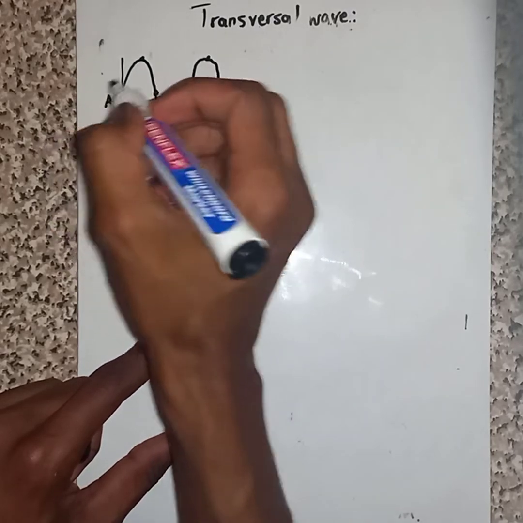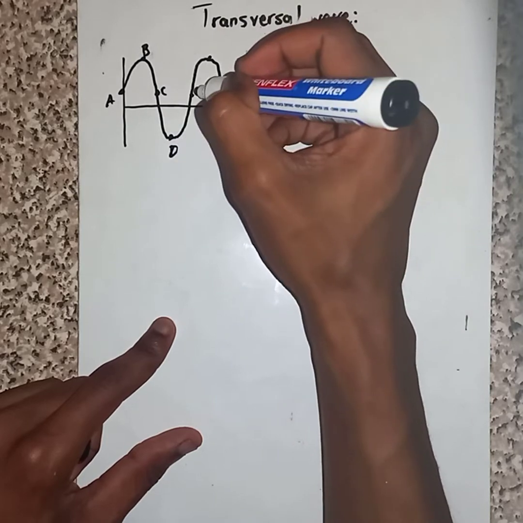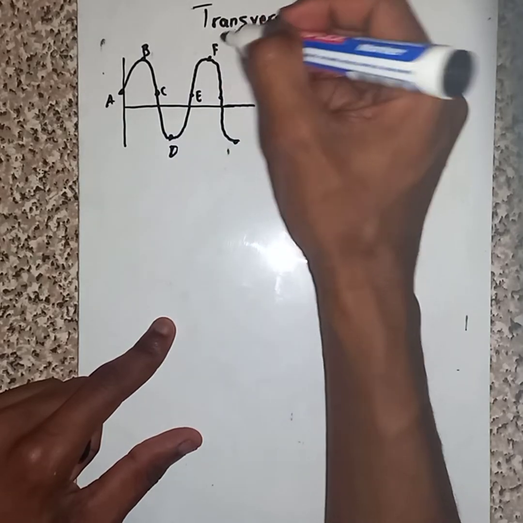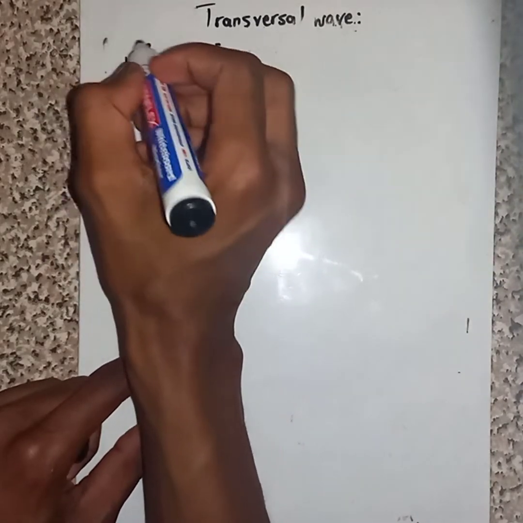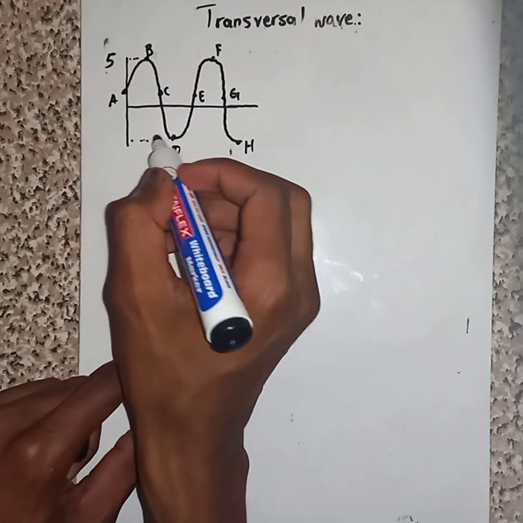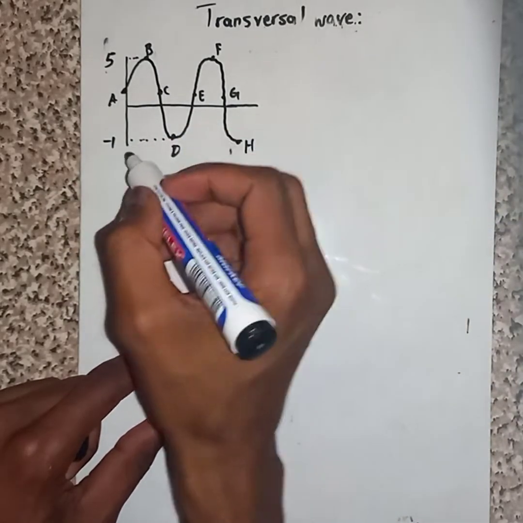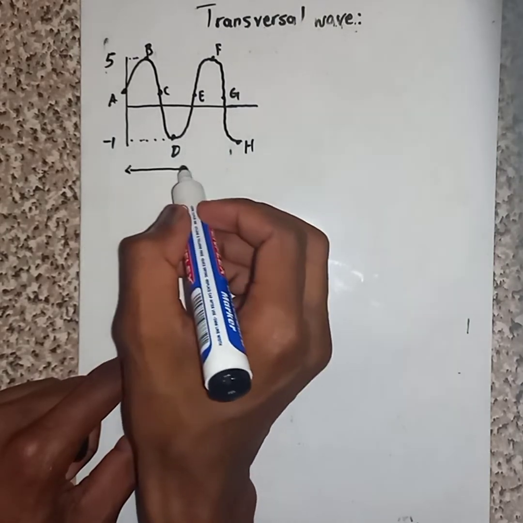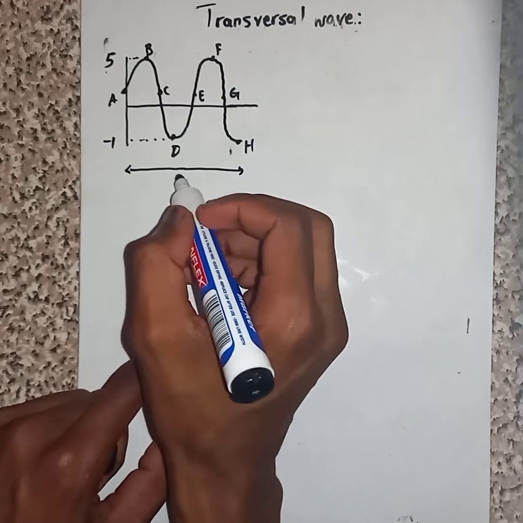We have A, B, C, D, say E, F, G, and H. Let's say this point is 5, and let's say this one is -1. Then from this point up until H, they give us 7.